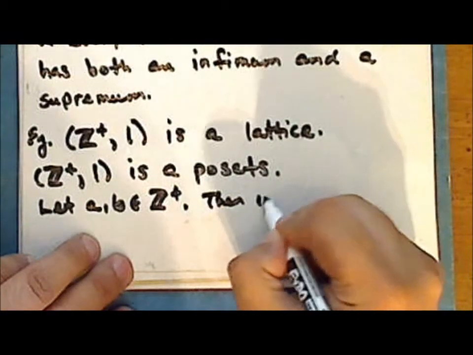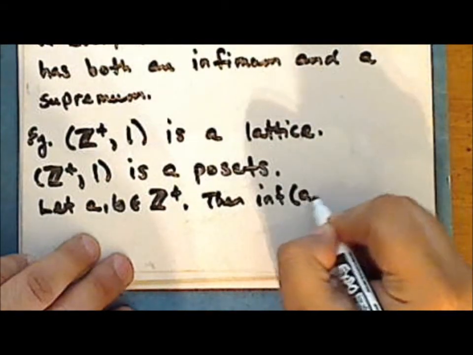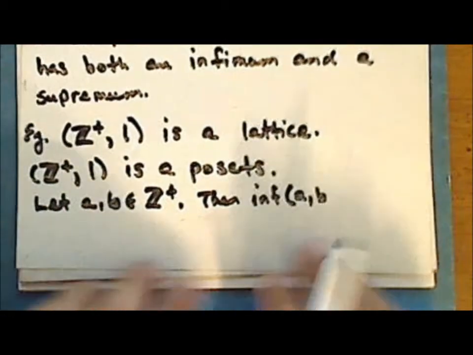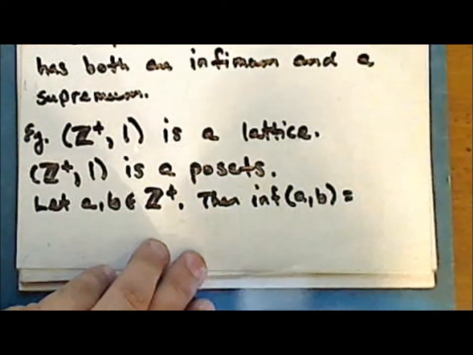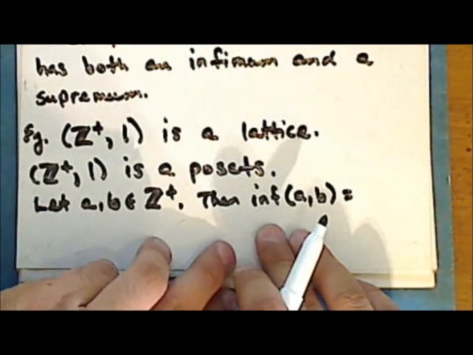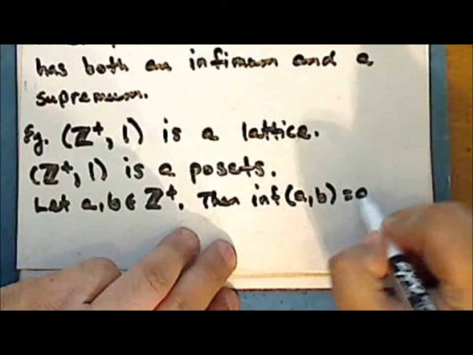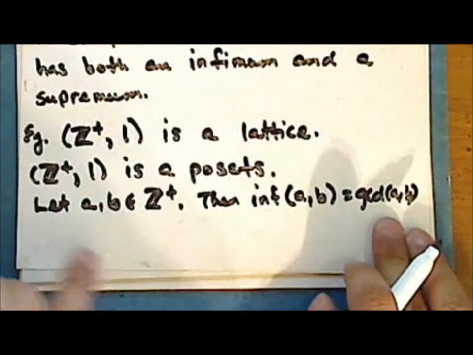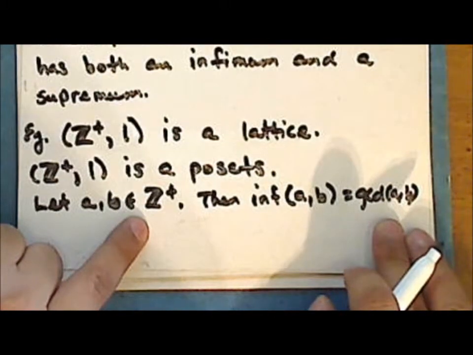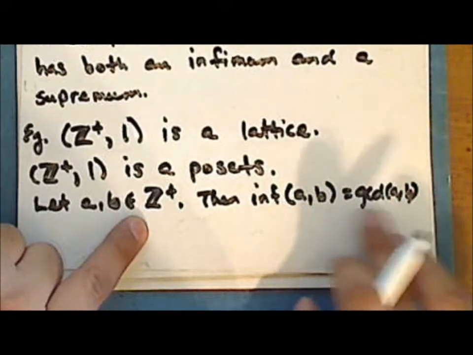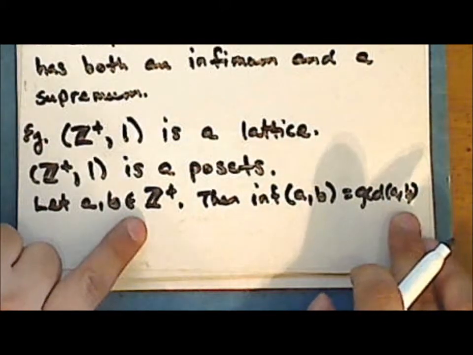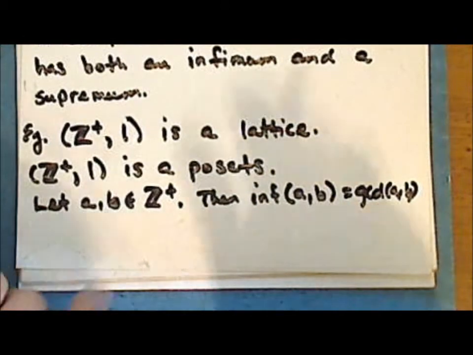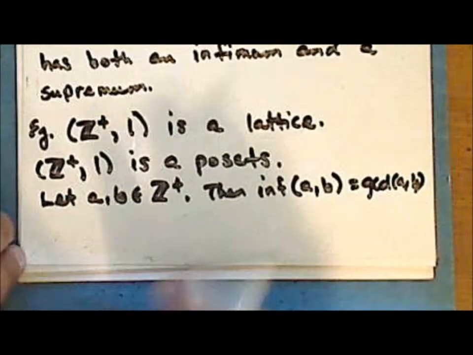Then the infimum of the two elements A and B, as we have just demonstrated, is the greatest common divisor of A and B, which, because A and B are positive integers, they are non-zero elements, and so there does exist a unique greatest common divisor of those two elements, and so the infimum exists for these two elements.